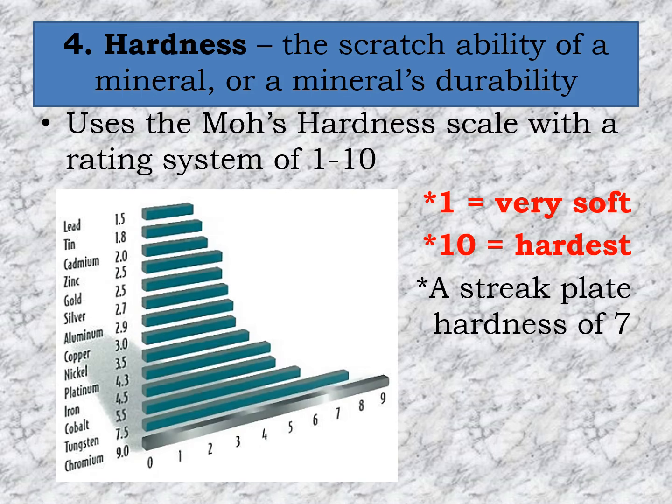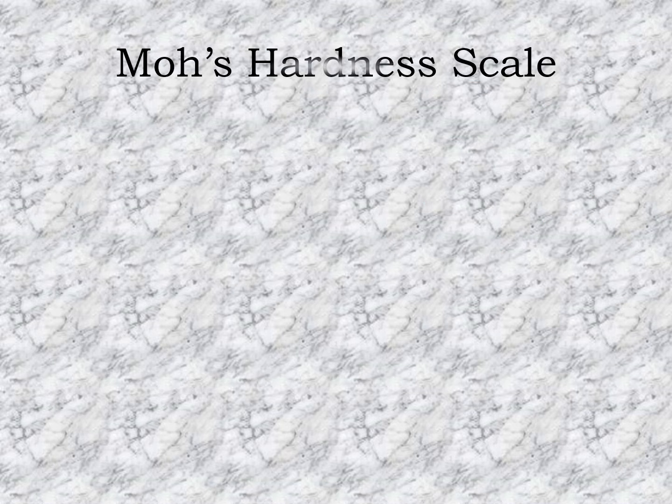The streak plate used in identifying minerals has a hardness of 7. We have here a sample in identifying the hardness of the following items.